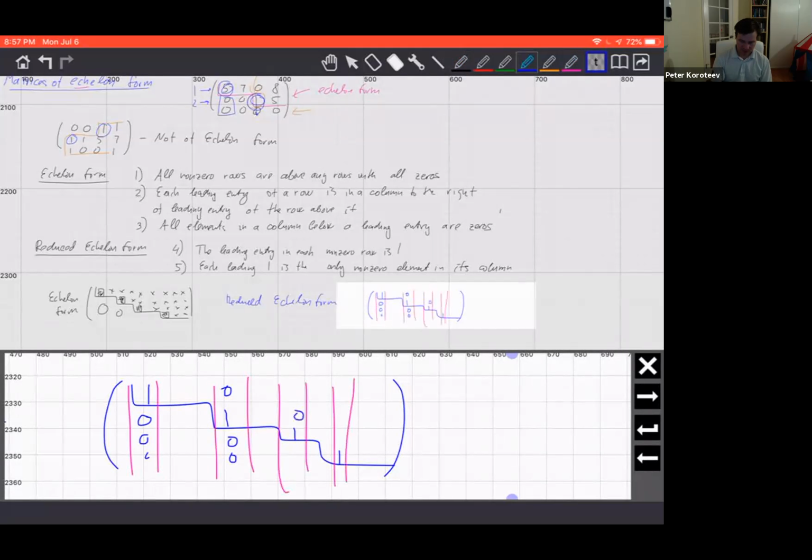Everything else is 0, so not only below the staircase, but also above it. And the rest is whatever it is. Okay, so why do we need this reduced echelon form? Once the matrix has been reduced to this form, it's easy to find solutions for the system of equations. And then we'll look at the reduction algorithm next.